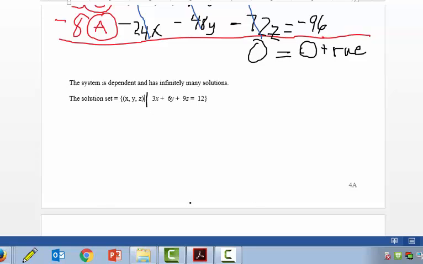When that happens, I can represent the solution set using any one of the 3 equations. In this case, I've chosen to use the first equation. Now, not every dependent system has this format, but when I get 2 true equations, 0 equals 0, when I involve all three equations, this is the case.